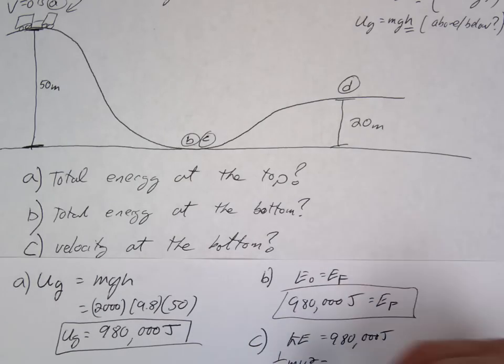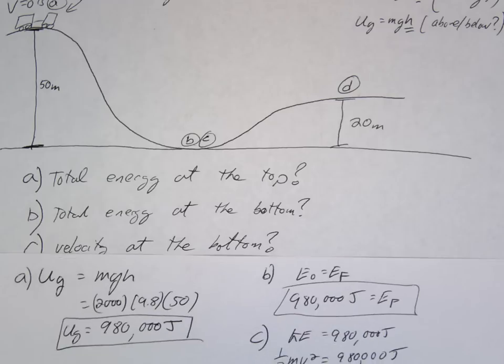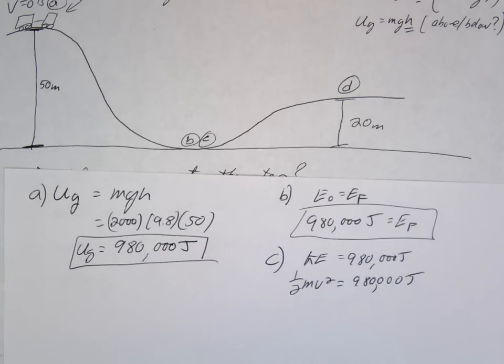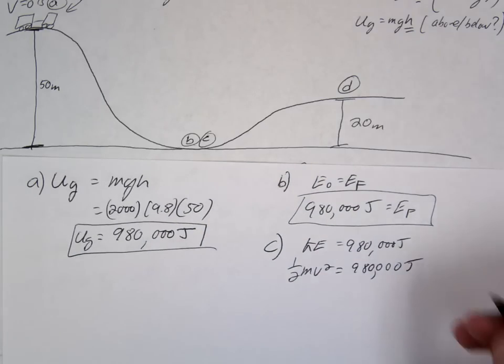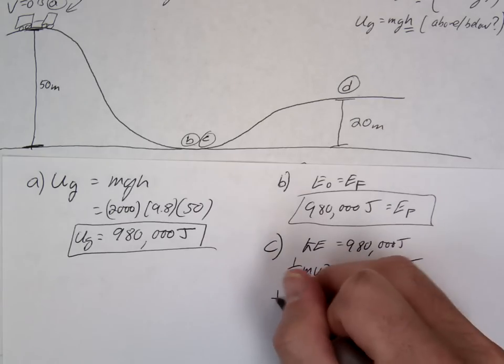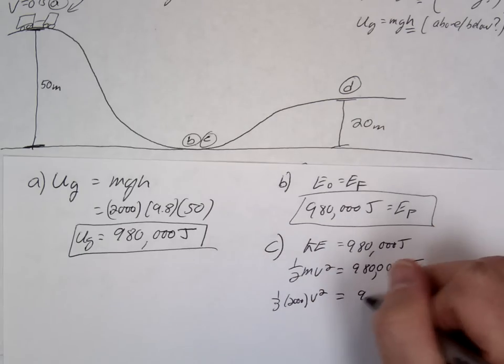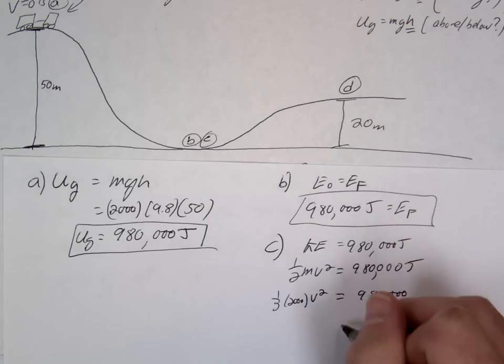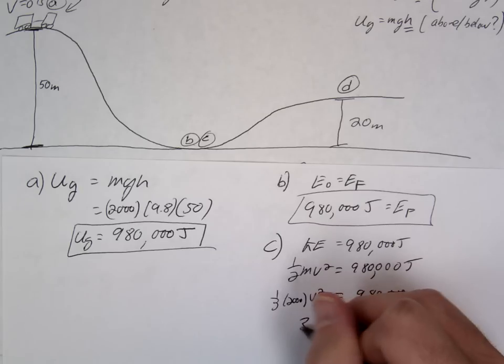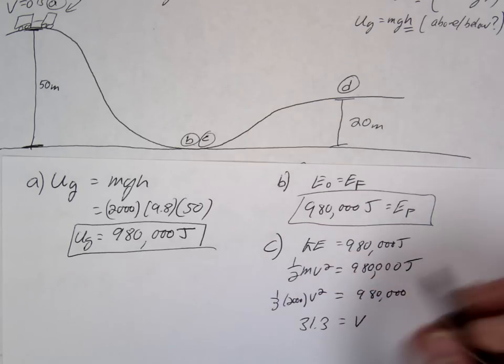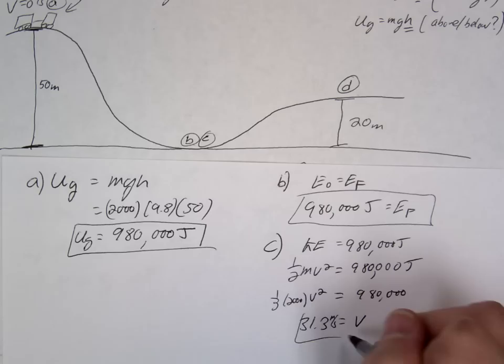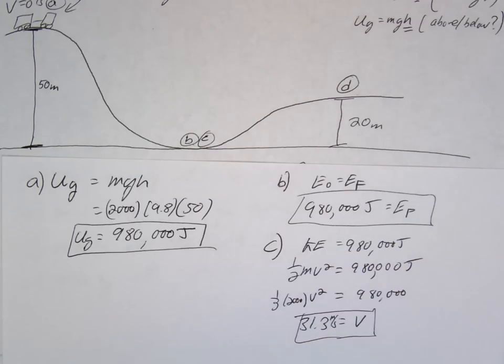Okay, so 1/2 mv squared equals 980,000 joules. Okay, do the math on that. 1/2, was it 2,000? V squared equals 980. Okay, so that'd be your velocity down there at the bottom.